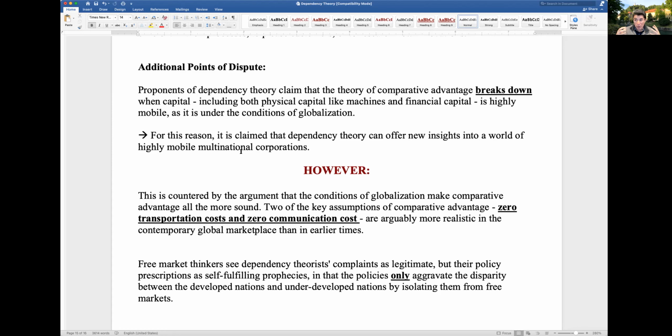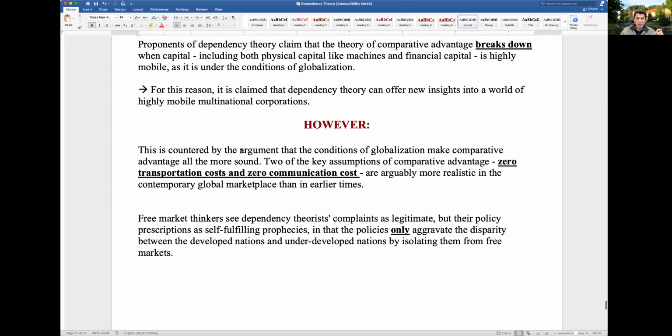So in the minds of dependency theory, they say, like I was explaining before, what does it mean that Japan is trading with Mexico or that Chile is trading with Europe when they are so intertwined because of the multinational corporations, right? So dependency theory argues that this notion of comparative advantage is outdated. We'll come back to this one later.